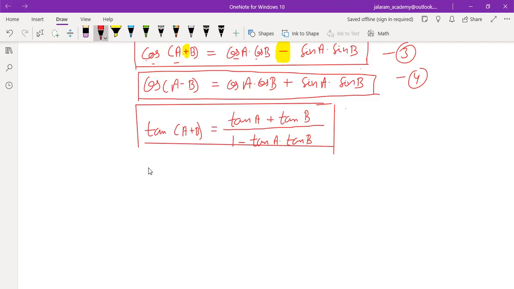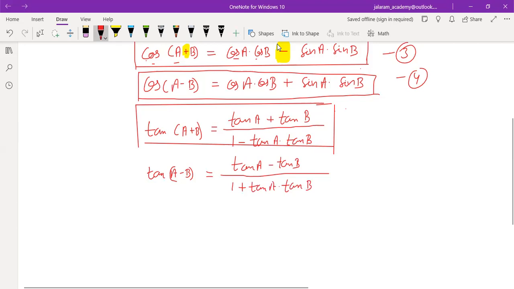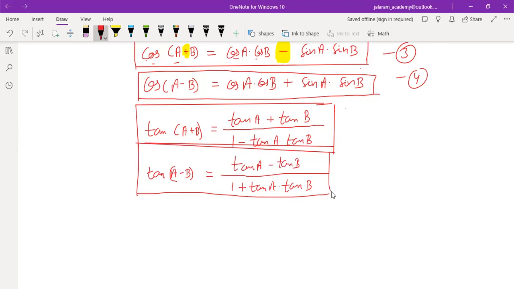At the same time, tan A minus B, plus and minus will be altered. Means, what will be the formula then? Tan A minus tan B over 1 plus tan A into tan B. So this is the last formula.